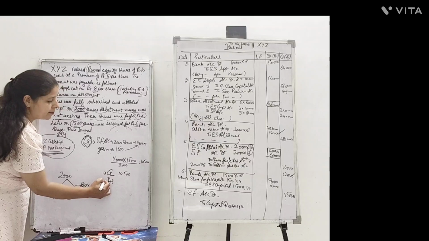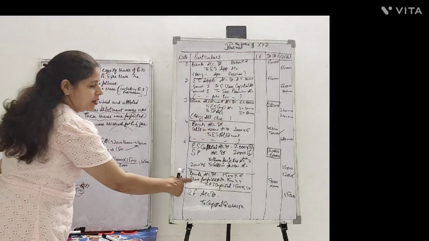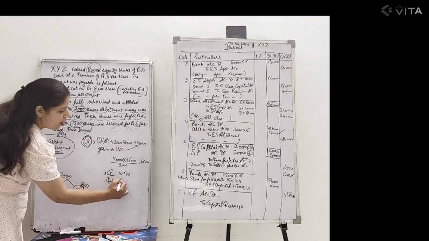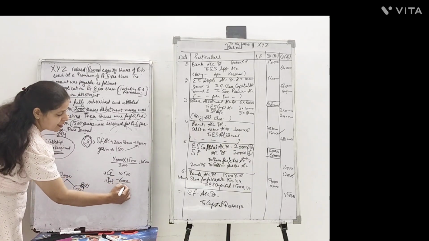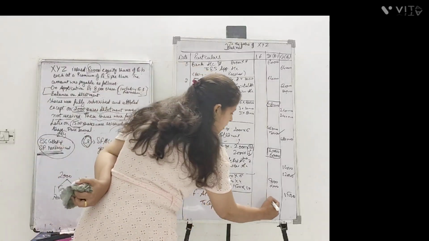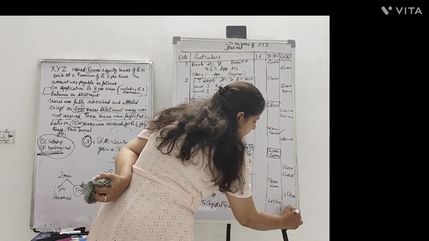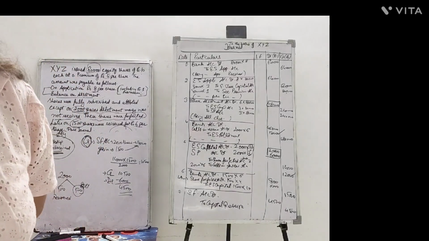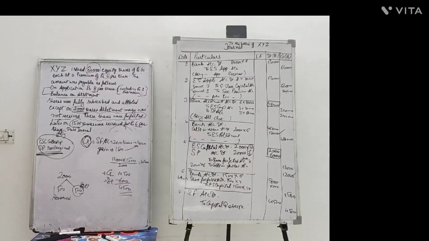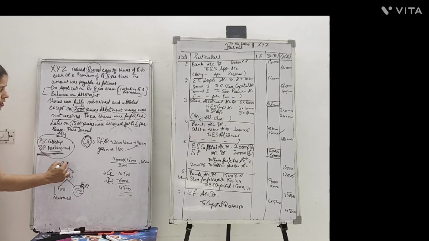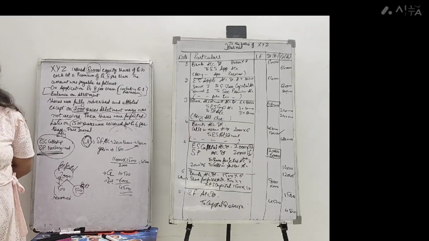So 10,500 is the credit value for your 1500 shares. And what is the debit value for 1500 shares? That is 6,000, right? So how much amount is to be transferred to capital reserve? Rupees 4,500. Credit gain minus debit loss will give you the amount of transfer to the capital reserve. This is the case where your number of forfeited shares is not equal to your reissued number of shares.